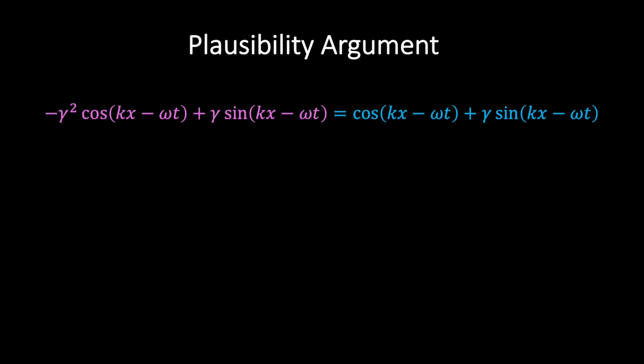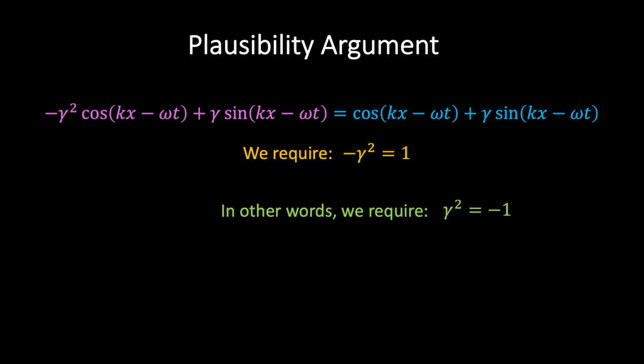If we could choose gamma appropriately, then we would be able to cancel these terms from the equation and drastically simplify it. However, in order to do this, we require that minus gamma squared equals 1, and therefore gamma squared equals minus 1. And it follows that gamma must therefore be equal to plus or minus the square root of minus 1.